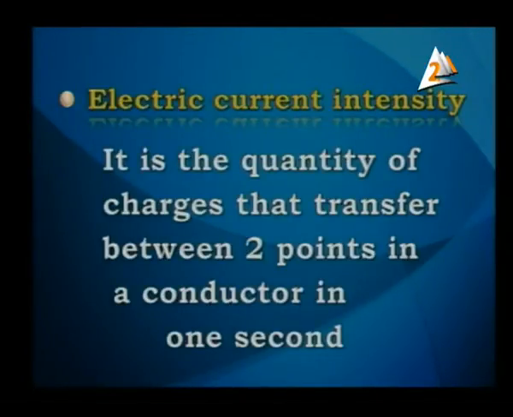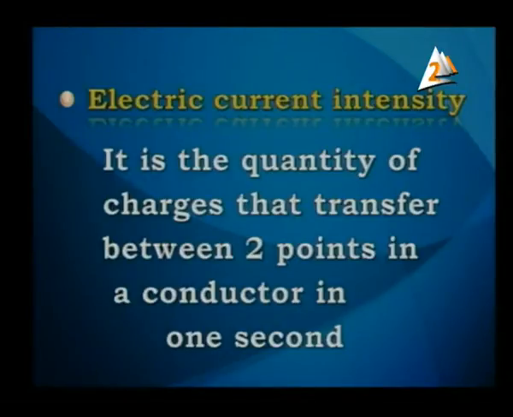It's the quantity of charges that transfer between 2 points. What is the measuring unit of quantity of charge? Yes, excellent, the coulomb. So it is the quantity of charges that transfer between 2 points in a conductor.